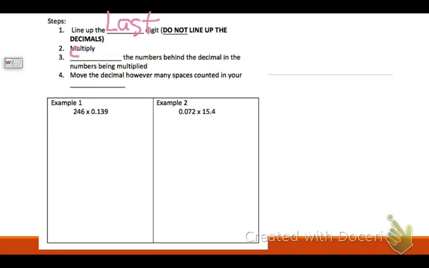You want to count the numbers behind the decimal in the numbers being multiplied. Move the decimal however many spaces counted in your factors. Numbers that are multiplied together are factors. Alright? Each of these are factors.